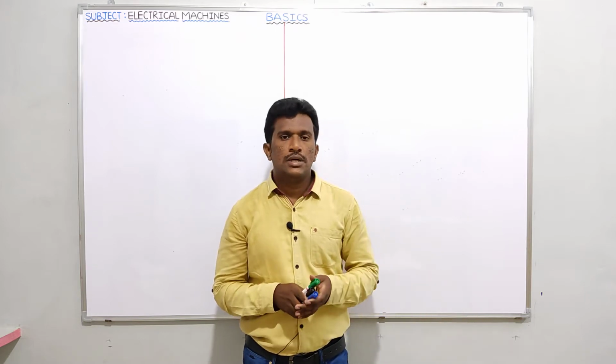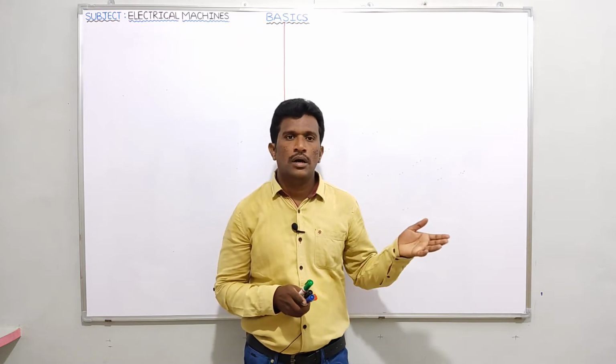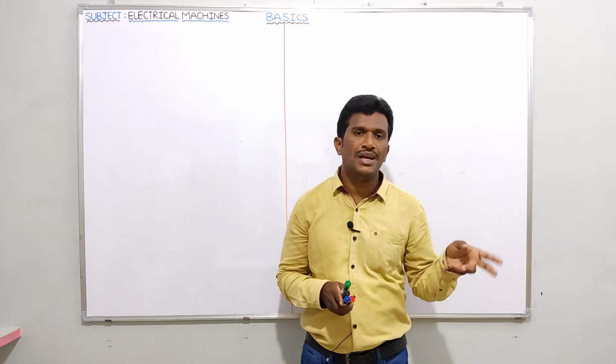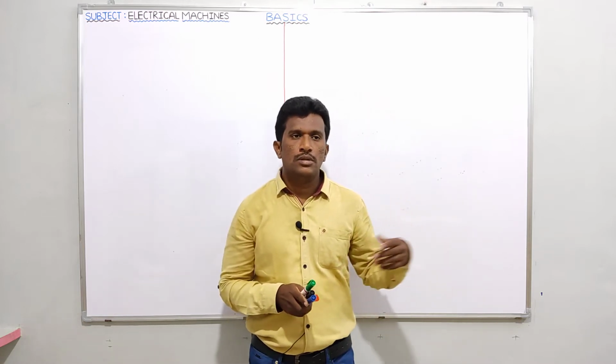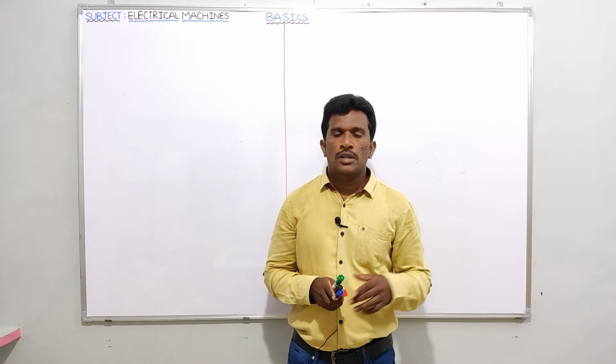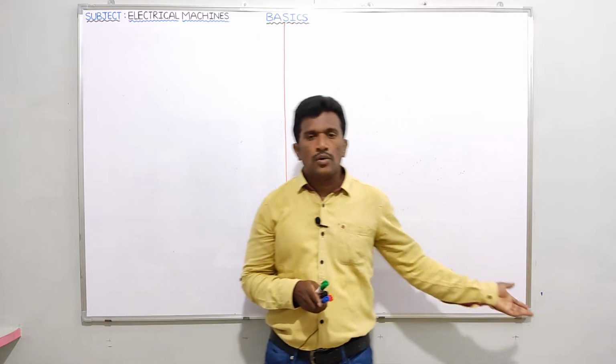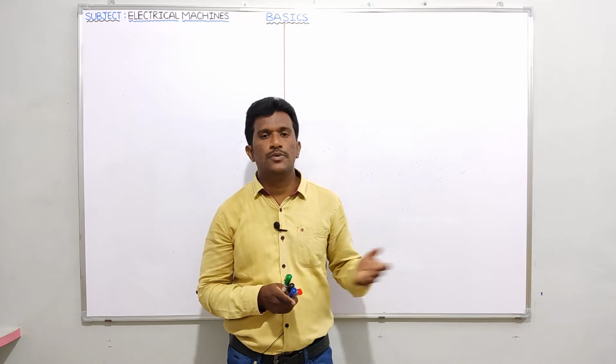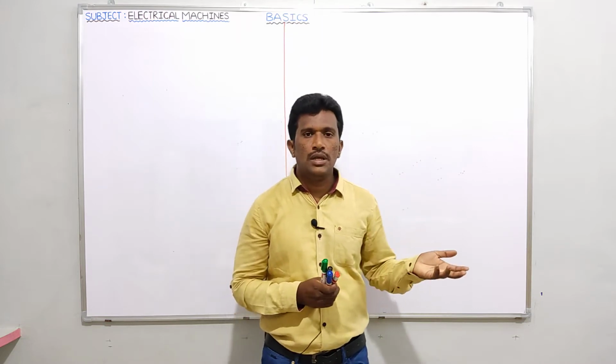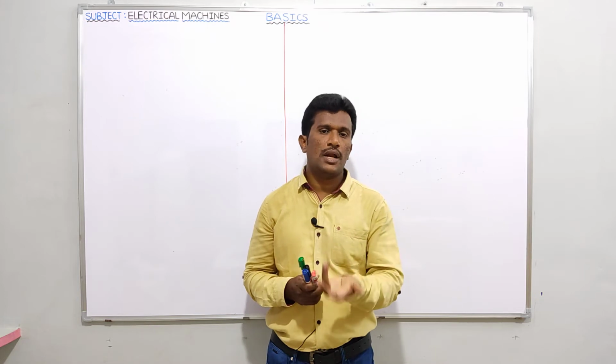In the last session, nothing but the basics 2 video. So what is our conclusion? We explained the generator principle, and the direction of dynamically induced EMF is given by Fleming's right hand rule.